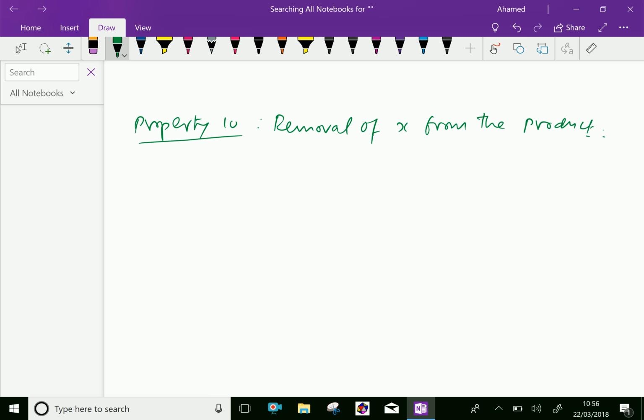Suppose integral I equal 0 to a x into f of x dx equal integral 0 to a, instead of x you are writing a minus x, and f of a minus x, f of x dx.